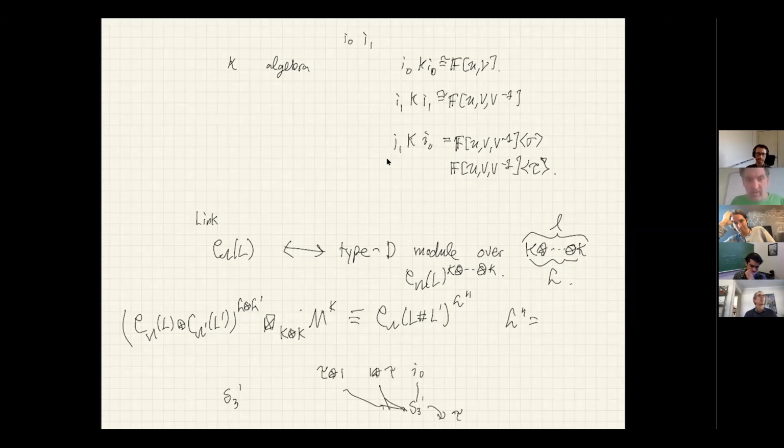This is just a way of saying that you obtain the hypercube maps by tensoring. That's all it's saying. So there's some A-infinity way to describe things.